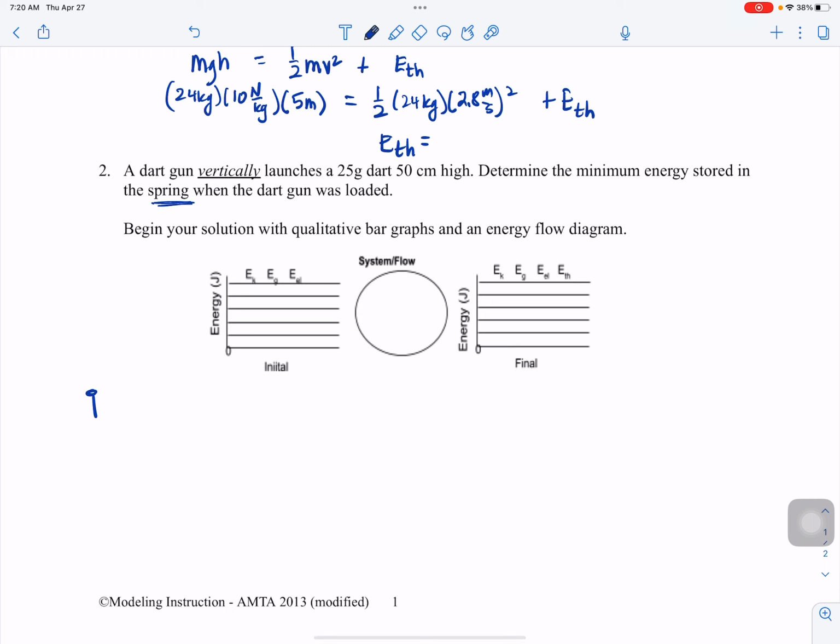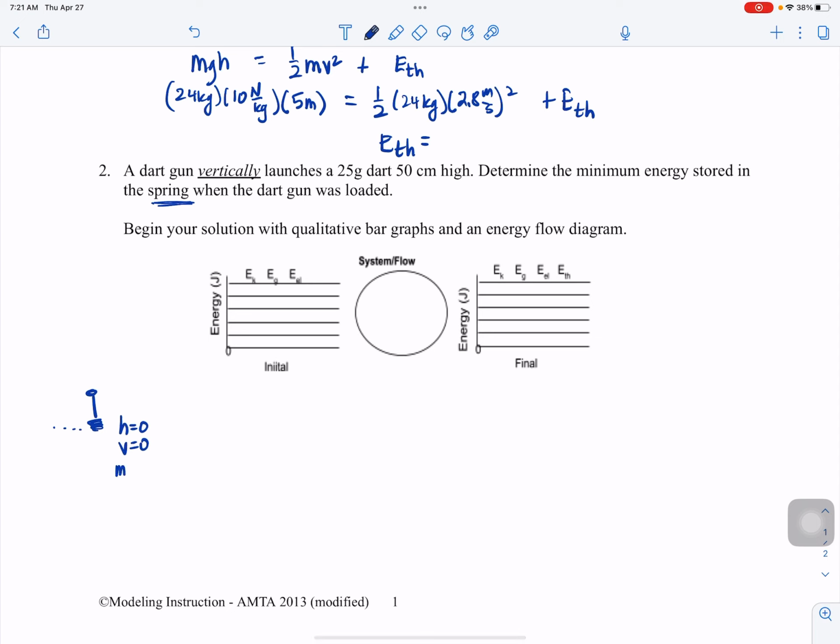I told you there was a spring, so you can imagine some kind of spring. If you want to draw the muzzle of the gun around it, that's fine. I'm going to put this as my h equals 0. And I know v is equal to 0 because before you launch something, it is not moving. So that is my situation 1.